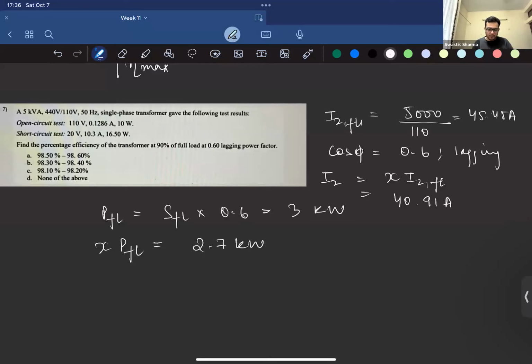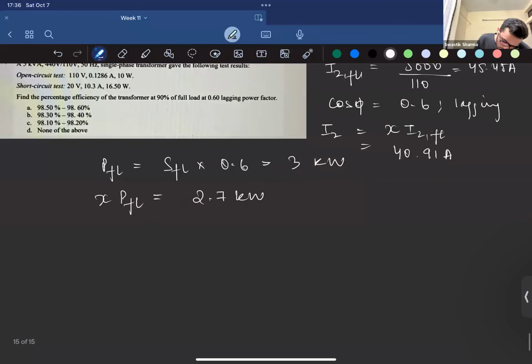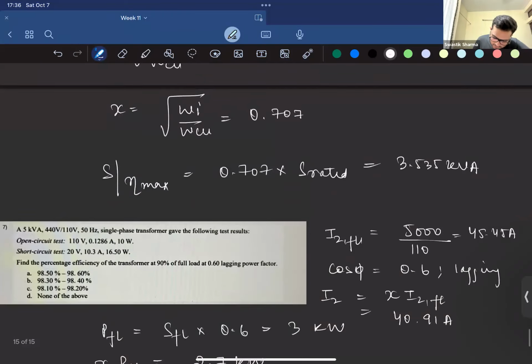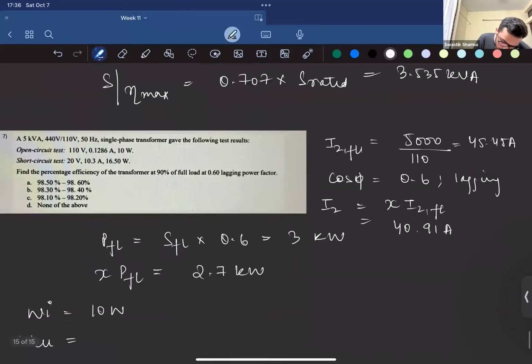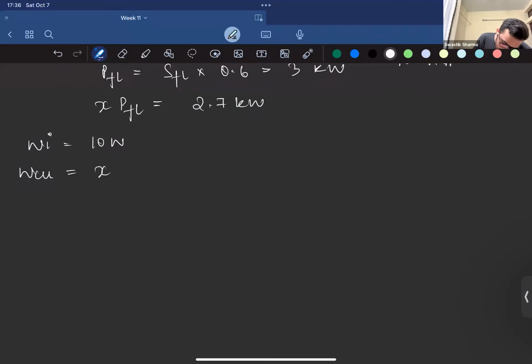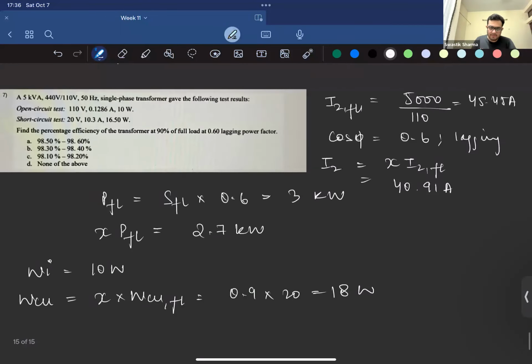Now we are required to find losses. So iron loss is given by 10 watt, and the full load copper loss is 20 watts, right? That's what we're required to put over here, multiplied with X squared, which is 0.9 squared times 20, which is 16.2 watts. So we have everything with us.